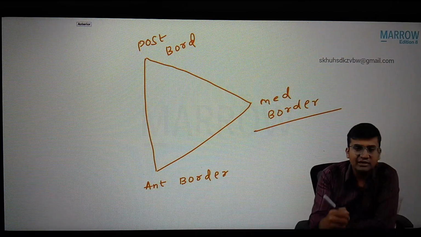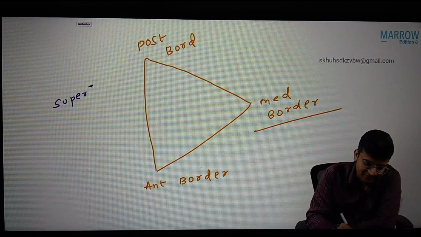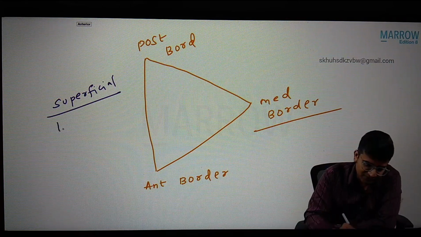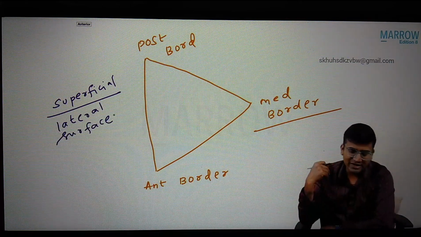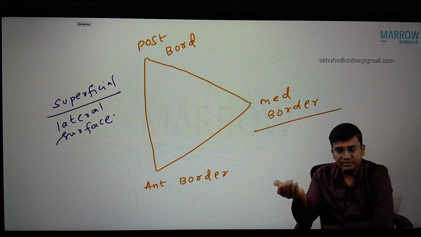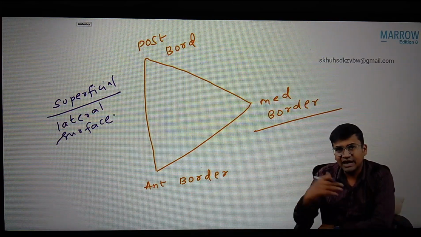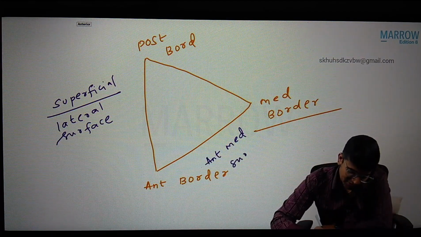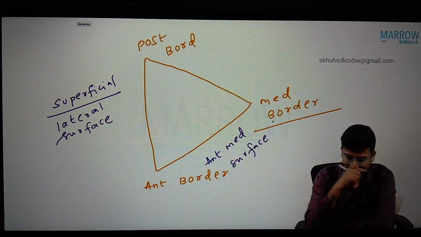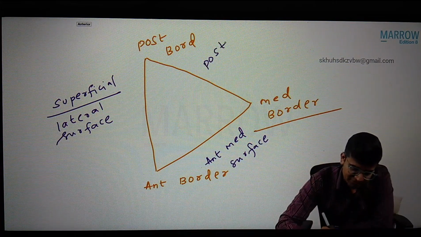Between the anterior border and the posterior border we have the superficial or lateral surface. Between the anterior border and the medial border, which surface? The anteromedial surface. Between the posterior border and the medial border, the posteromedial surface.